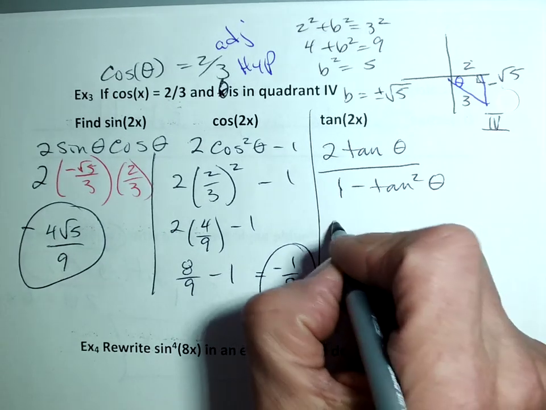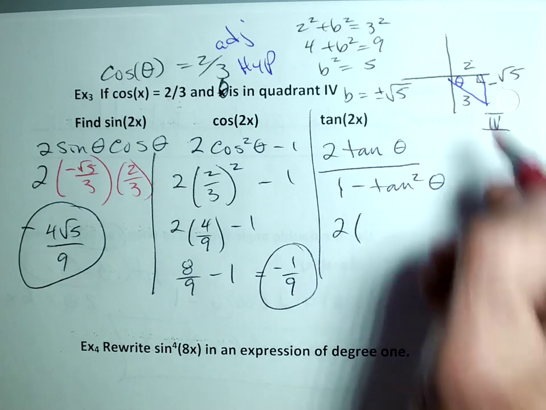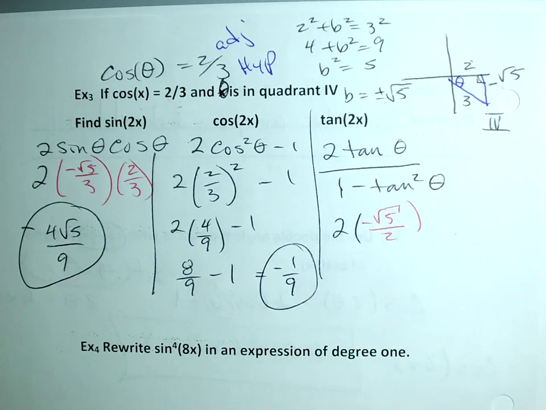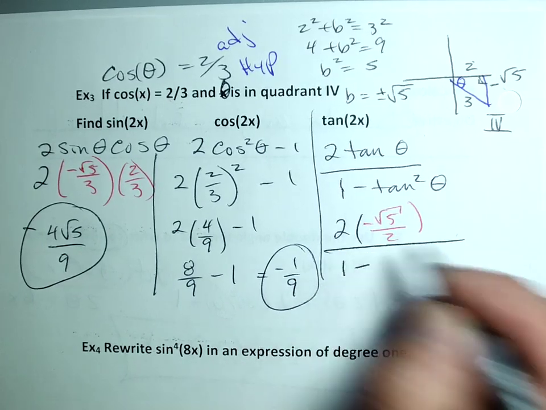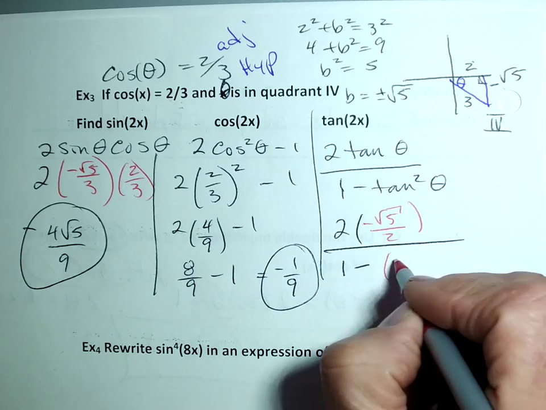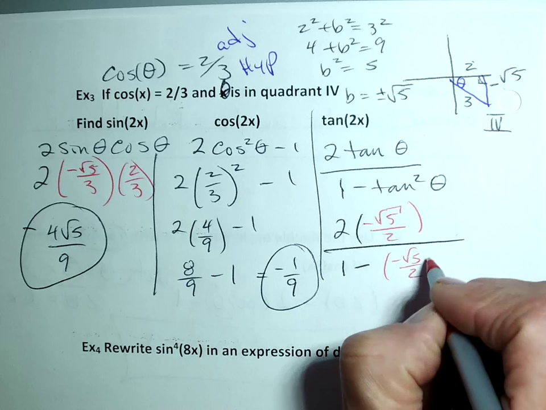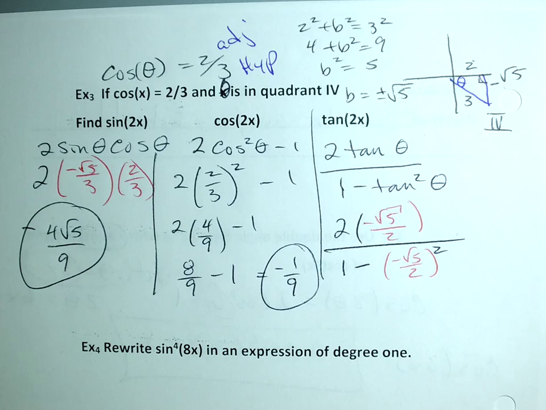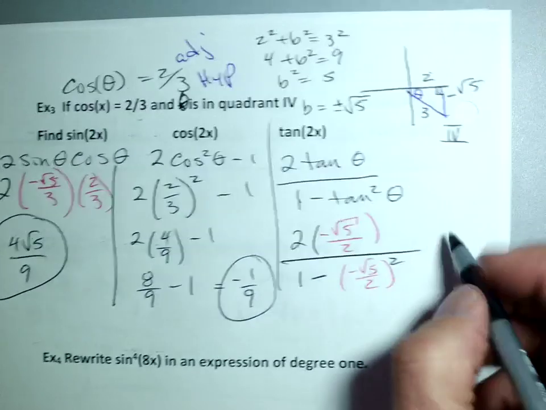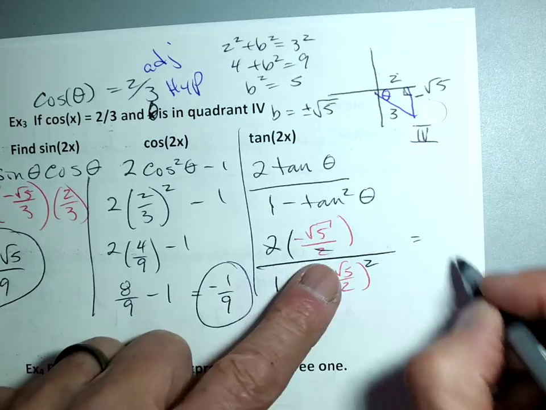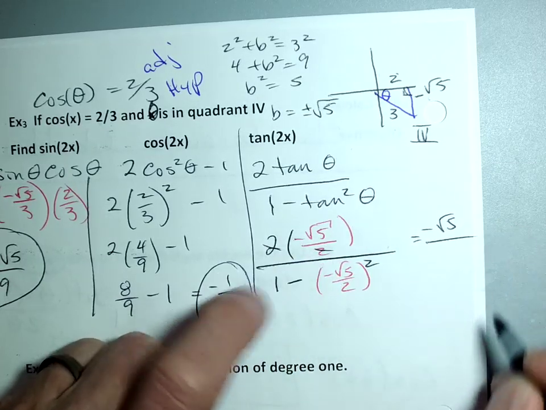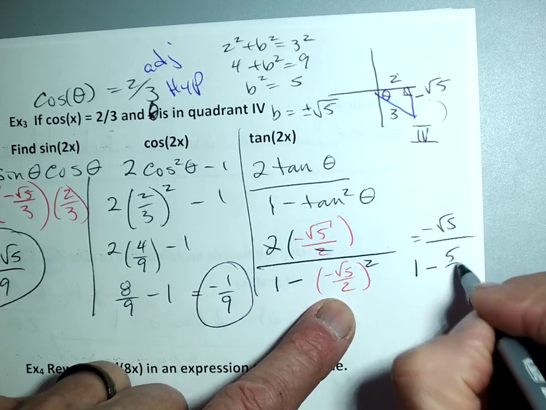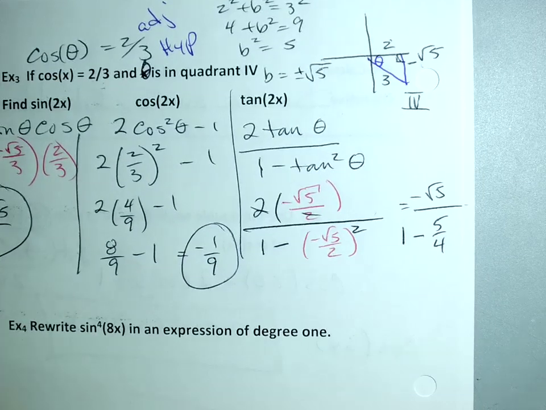So I'm going to go 2 times negative square root of 5 over 2, all divided by 1 minus negative square root of 5 over 2 squared. The 2's cancel on top, leaving negative square root of 5, but on the bottom we're going to have 1 minus 5/4. I'll go through this with you slowly.